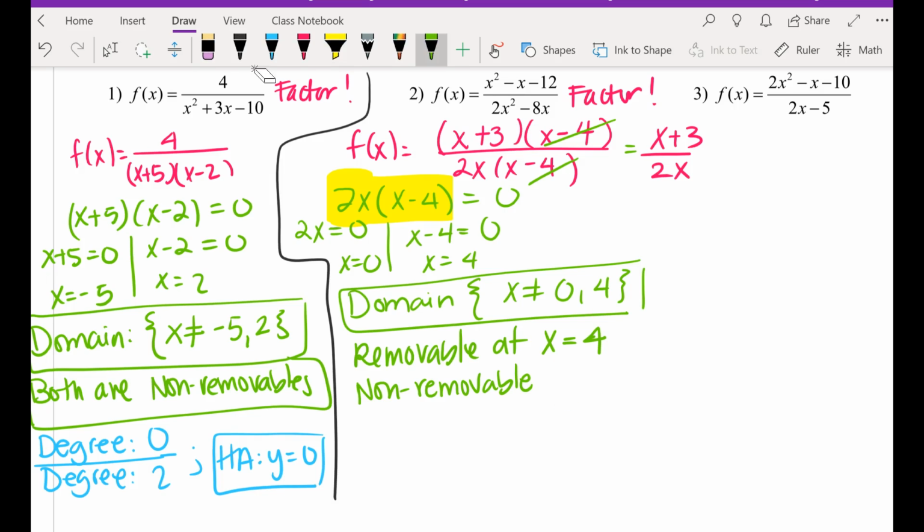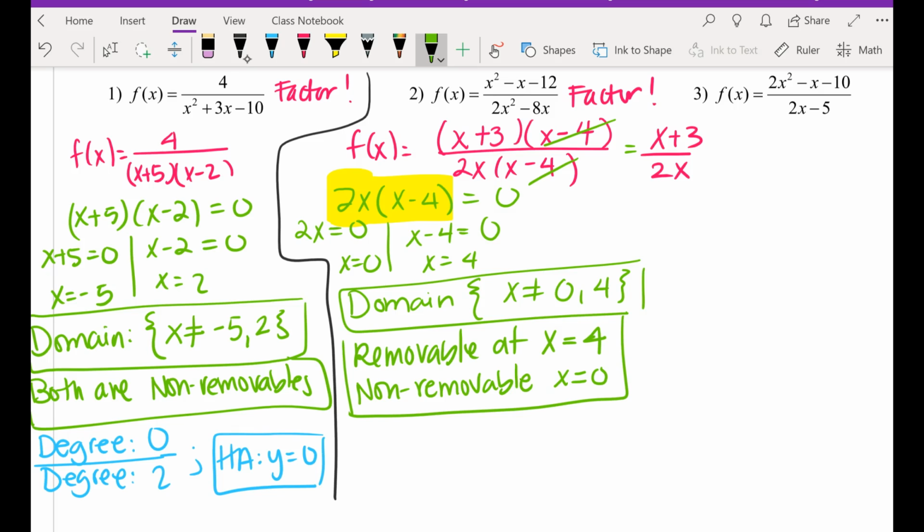Right, x equal to 0. So this one is a mixture of both. A non-removable, okay? Remember, you have a domain. You're excluding how many values? 2. So they're either removable or they're non-removable. Sometimes they can be a what? A mix.